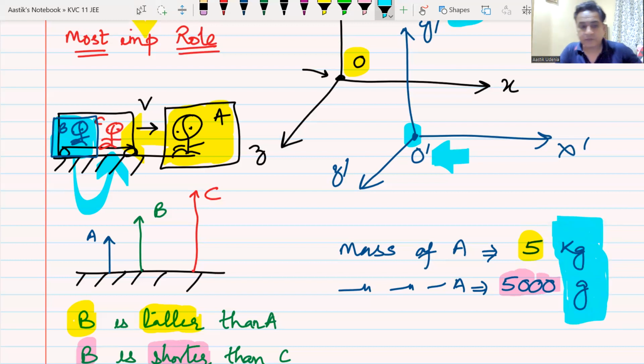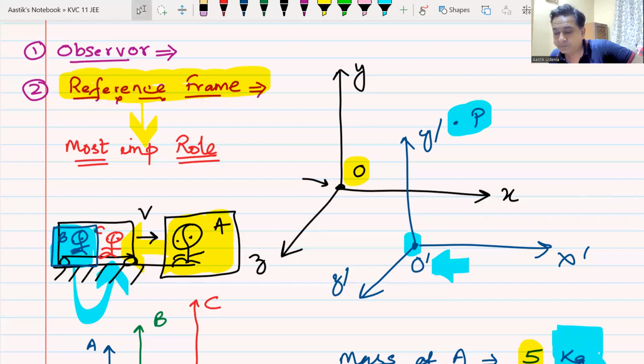Meters and kilometers? The same job, my dear friends, is now done by the reference frame.